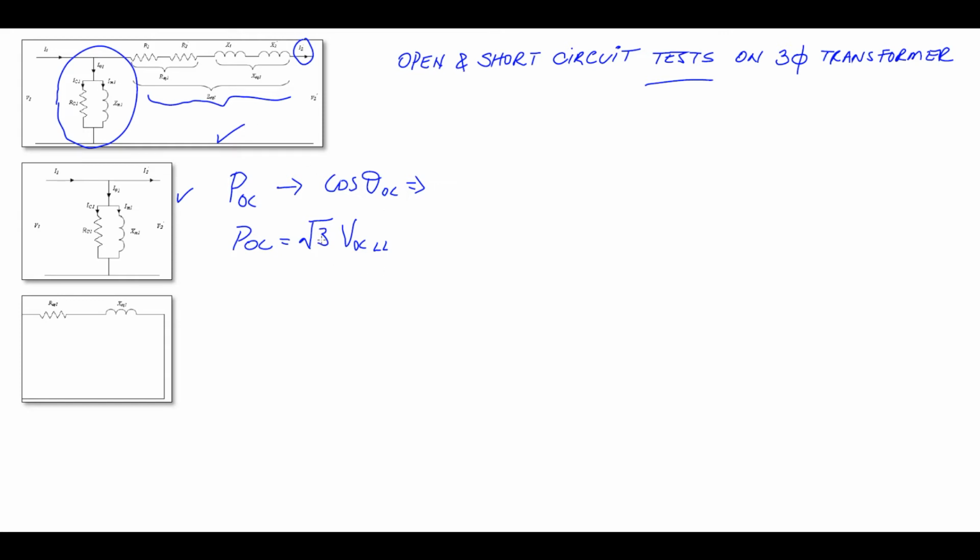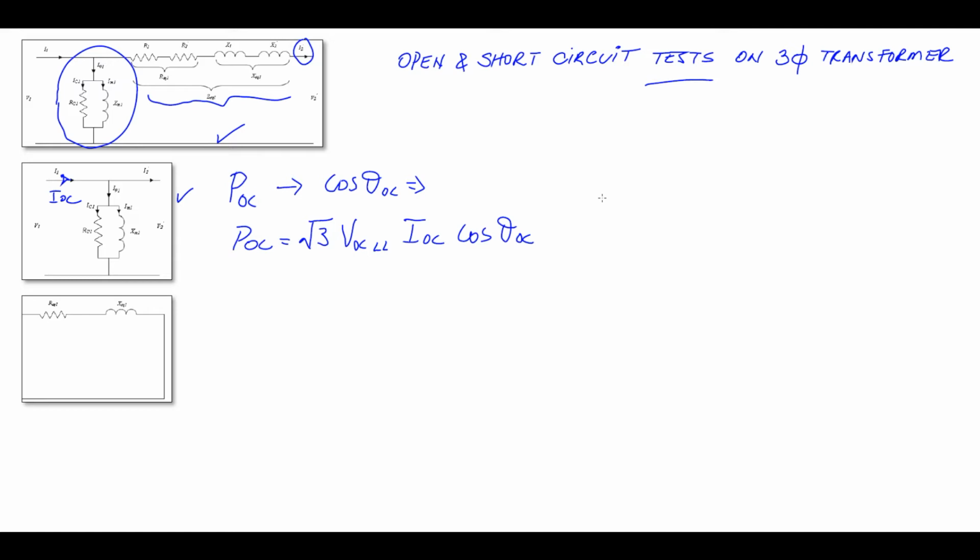So root of 3 times V open circuit line to line, multiplied by the current at open circuit, which is the current here, times cosine theta at open circuit. This is the general form of the active power.